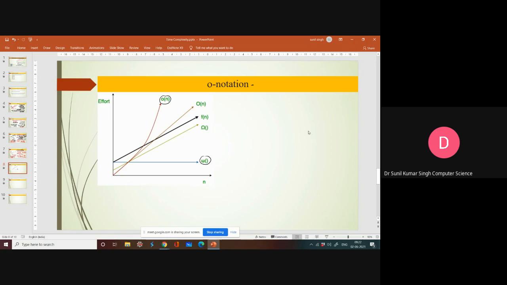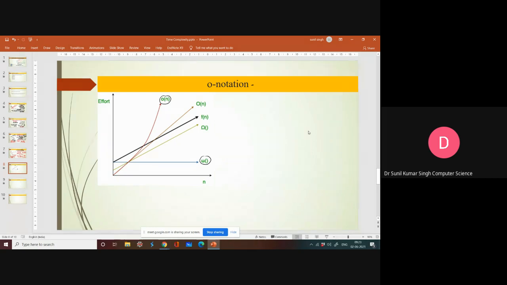I have used this diagram to show that small o notation is stronger than big O notation. And similarly, small omega notation is stronger than big omega notation.